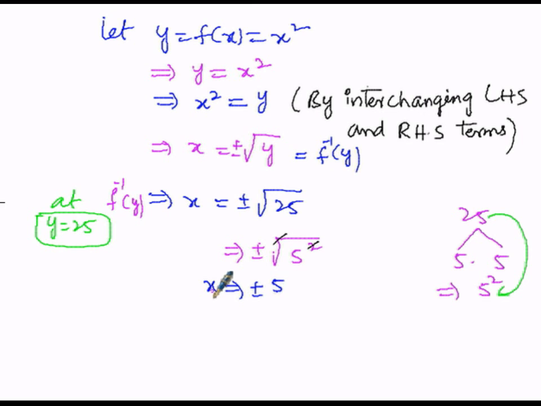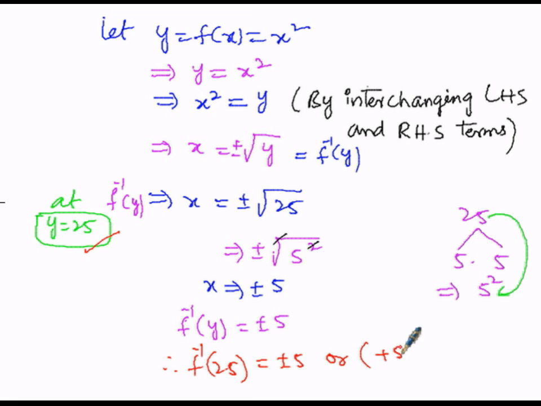Here x is nothing but the f inverse of y. So f inverse of y is equal to plus or minus 5. Therefore, y is replaced by 25, so f inverse of 25 is equal to plus or minus 5, or the solution set is plus 5 comma minus 5.